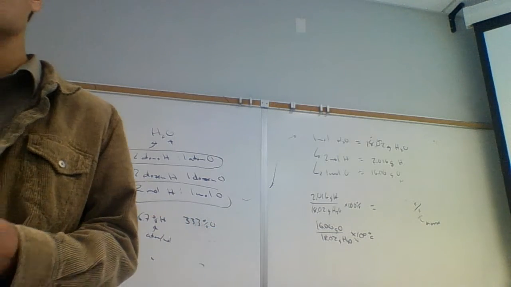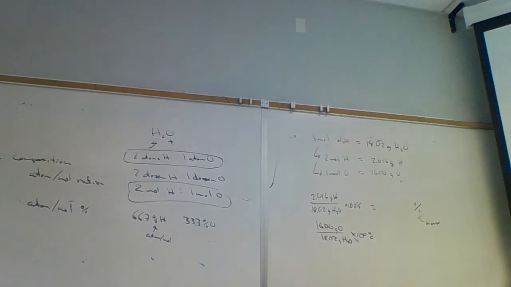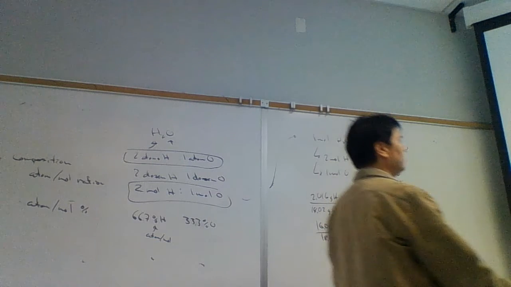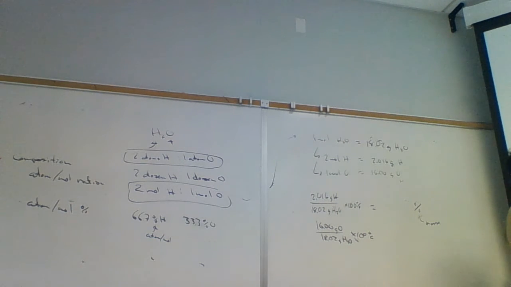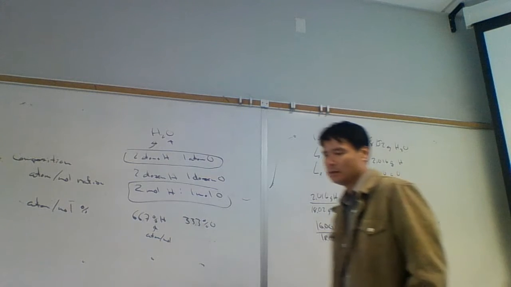It's critical to know which percentage you're talking about because the numbers are going to be totally different. And so this is percentage by mass. If we want to know the percent A, we just need to know the mass of A over the total mass. The mass of hydrogen over the total mass, the mass of oxygen over the total mass. This would be A, this would be B.